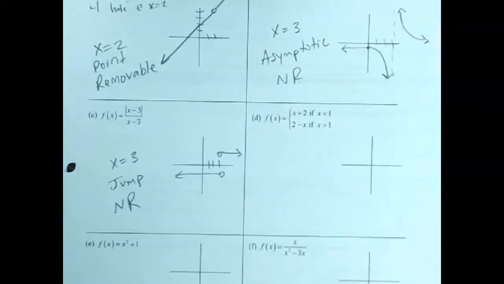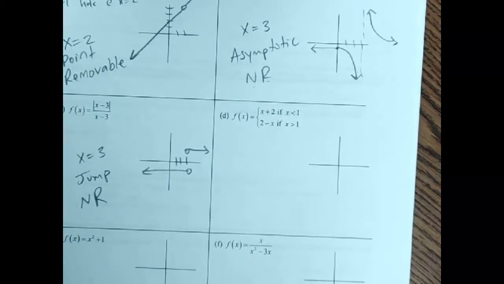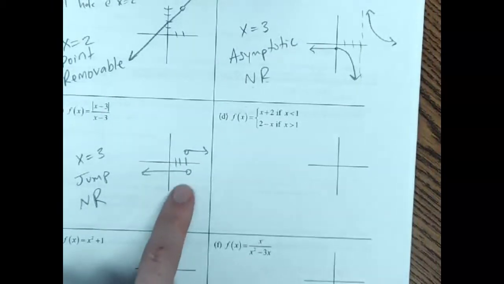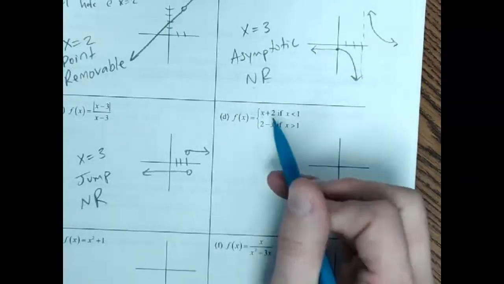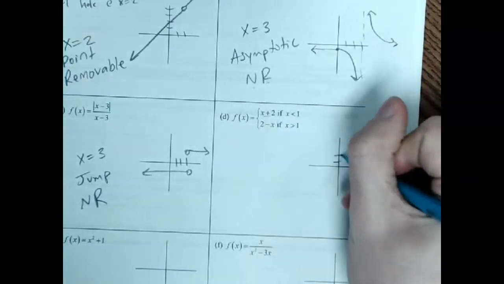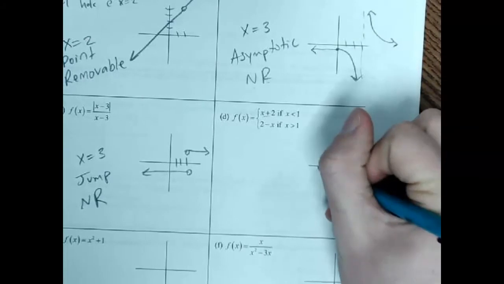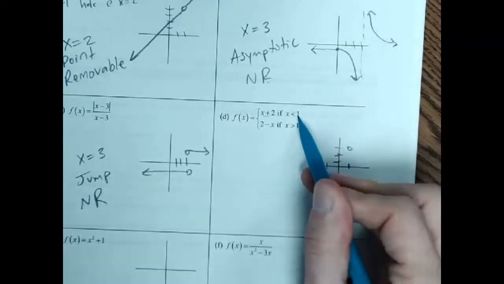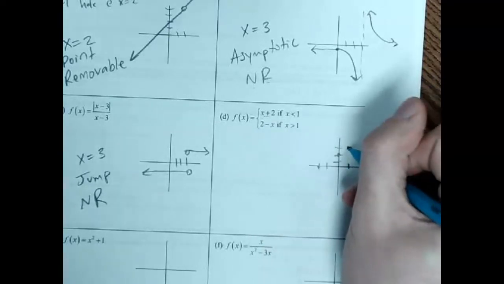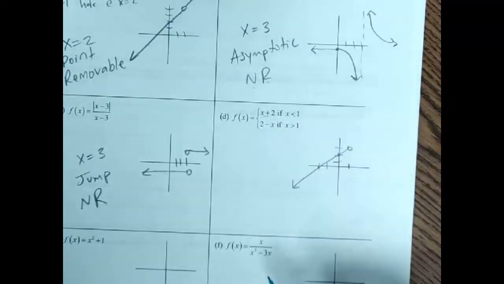Okay, part D, we have a piecewise function. So I'm thinking to myself, it's probably going to be a jump. Let's go ahead and graph it and confirm. We're going to graph the linear function x plus 2 for everything less than 1. So if you plug it in, 1 plus 2 would be 3. And then let's see if we graph the other one.